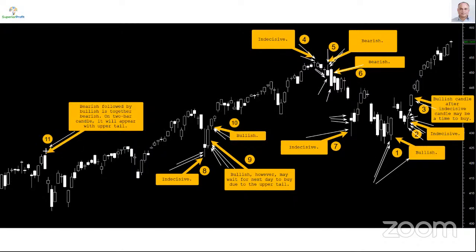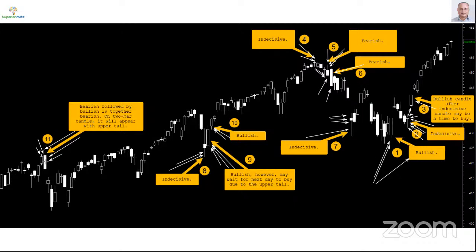And here, point number 11, is the case I mentioned earlier: a bullish candle immediately followed by a bearish candle. That is bearish. On a 2-day interval chart, it will show up as a candle with an upper tail and solid body. So these two candles are bearish when taken together. When you read candle charts, you will notice that often at swing highs you will have indecision candles.